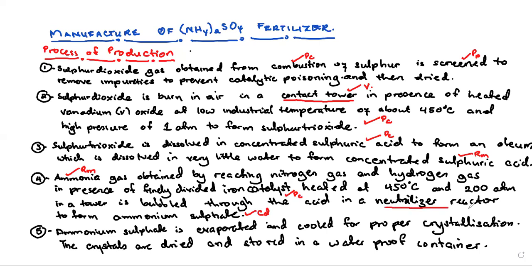This neutralizer reactor is behaving as a vessel. Evaporation to dryness and cooling for crystallization is our purification phase. And you will realize that all the necessary steps you need will be covered in this idea. The write-up is coherent. You don't see the mark physically, but as long as you have all the steps flowing in the way we would love them to be, then we shall consider it a clear step.